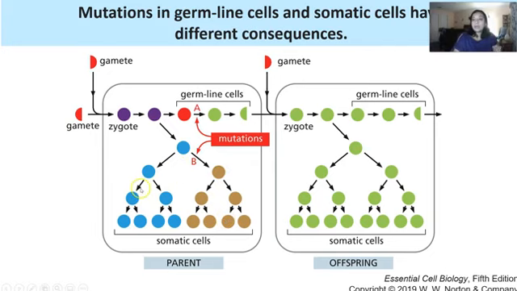The somatic cells that were not part of the same cell lineage as the one that was mutated were not affected, and they developed normally, and they just had the same normal wild type alleles, or whatever alleles they started with. So that's your somatic cell mutation.